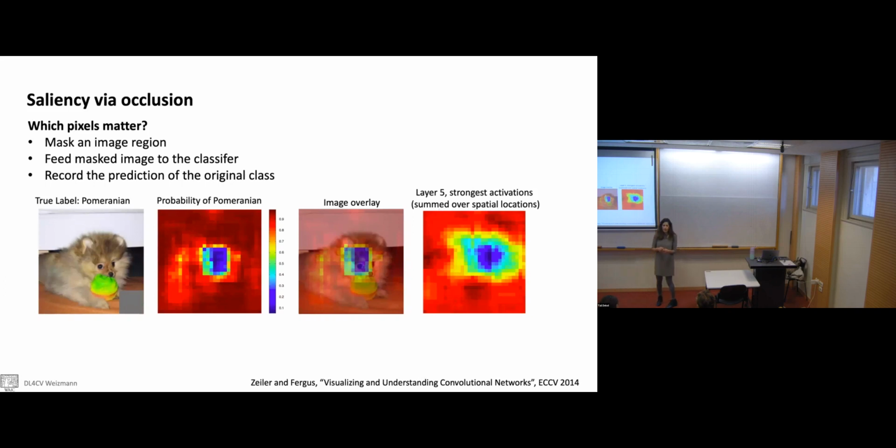And then I can basically do the same thing. I can block a region and compute how much the activation in that layer changed by maybe taking the sum over all spatial locations in order to get a scalar of how much this feature map activated.